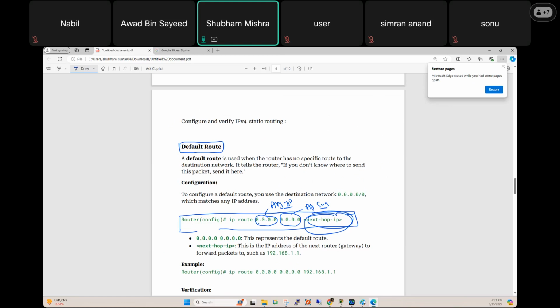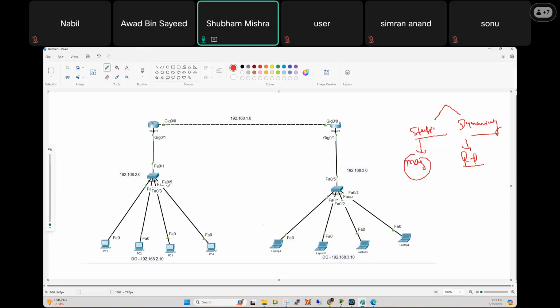Clear, everyone? So see now, in this scenario, if you configure here ip route 0.0.0.0 0.0.0.0, with any IP and any subnet, what does Router number 1 need to do? It needs to forward this packet towards router number 2.